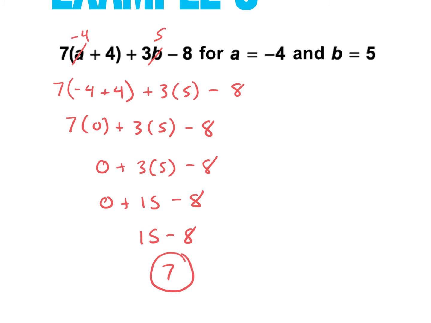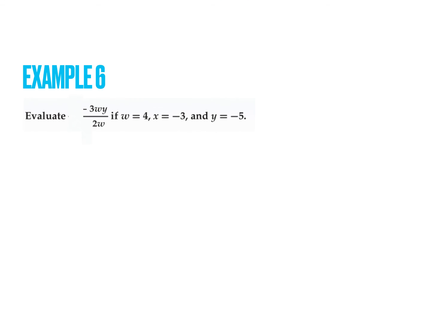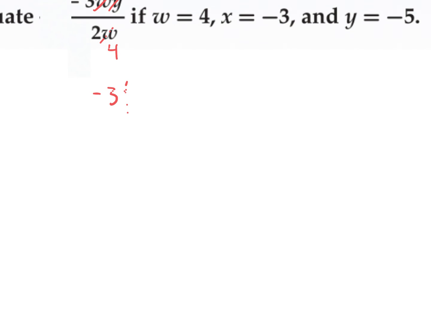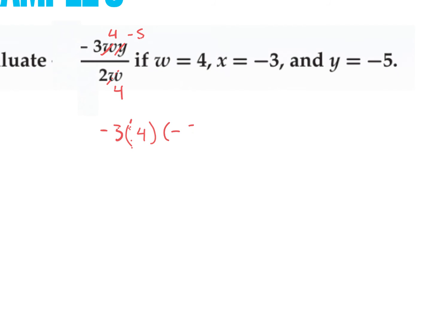Last one. It's the fun one. So we're going to plug in 4 for W, negative 5 for Y, and 4 for W. So I have negative 3 times 4 times negative 5 over 2 times 4.